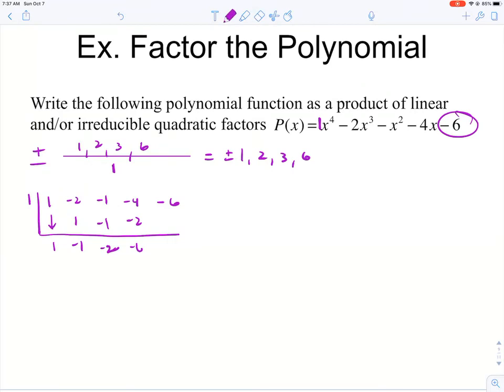Oh yeah, that is -6. Okay, so +1 didn't work. Yeah, looks like +1 doesn't work. So we can try -1.